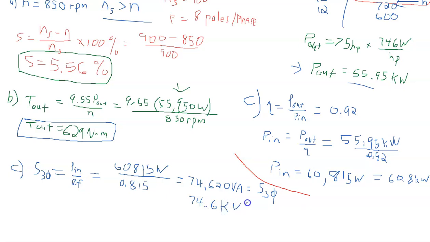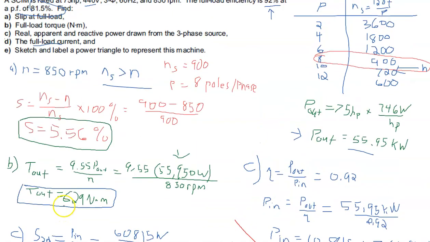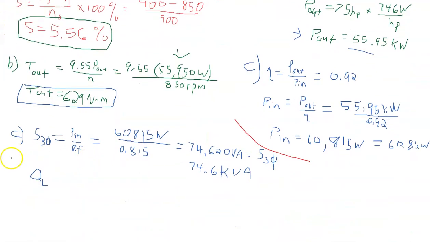Now, as discussed, you'll find that Q, which is QL here because this is inductive, and our power factor was lagging. We weren't told that, but we can make that assumption because it's an induction motor. And Q is very often calculated as the third side of the power triangle using Pythagoras' theorem. So S3 phase squared subtract P in squared.